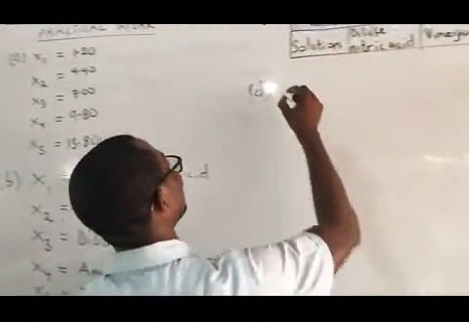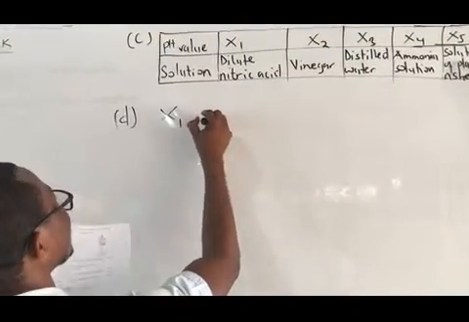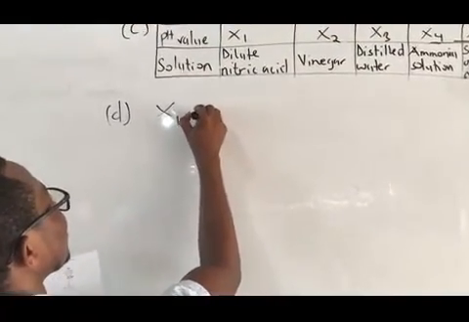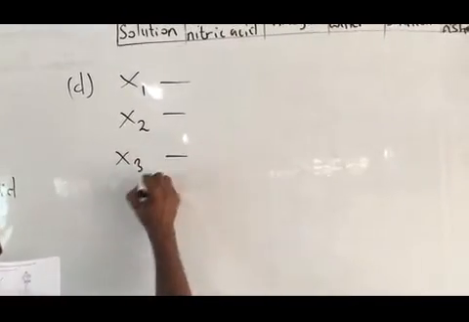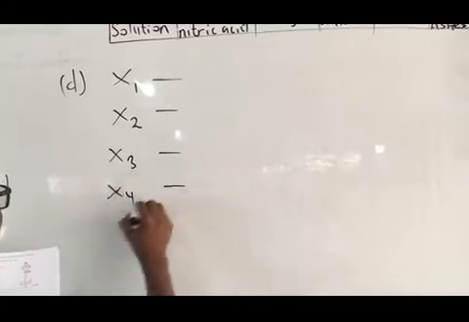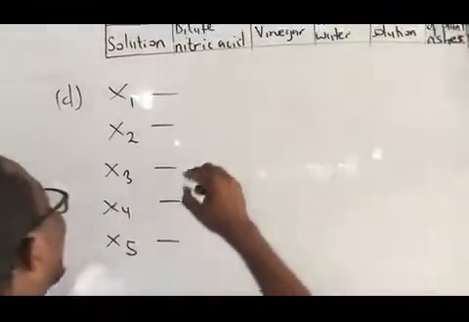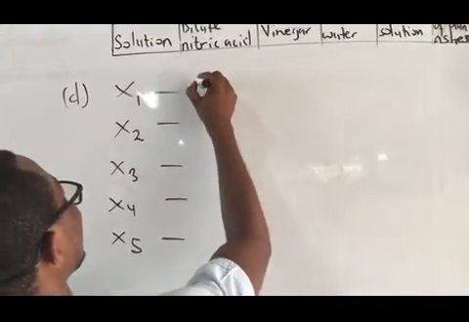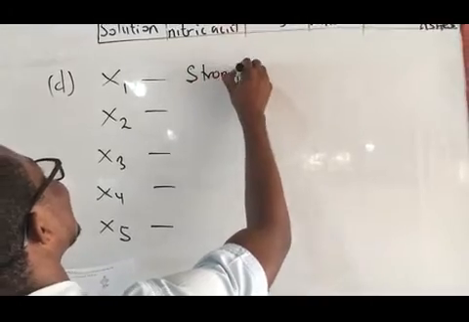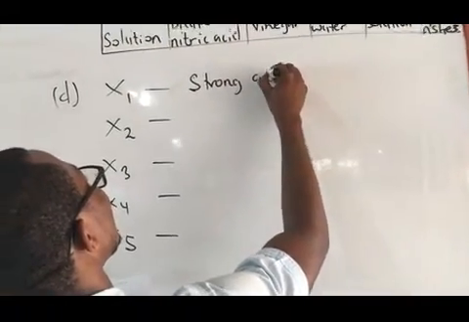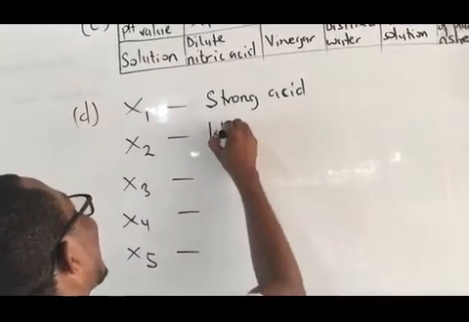So for X1, it shows strong acid. X2, this is a weak acid.